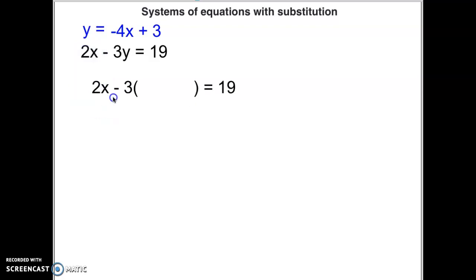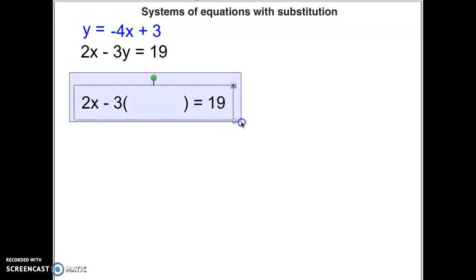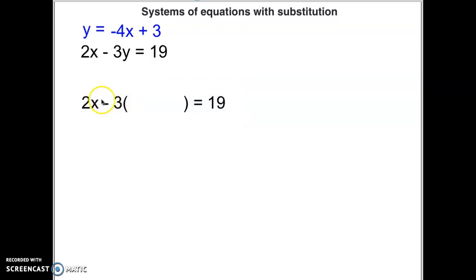Then we're going to write the negative 3y, but instead of the y, because the y is the variable that we have up here by itself, I'm going to put parentheses right there, equals 19. So everything in this equation is identical to everything in this equation, except in place of the y, I put parentheses.